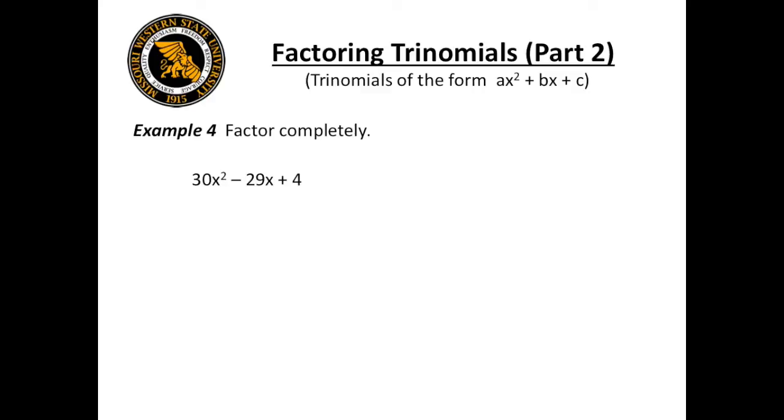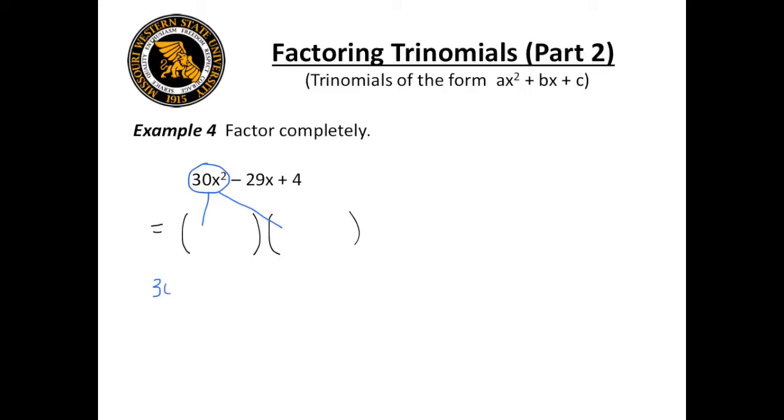In example 4, we are factoring the trinomial 30x squared minus 29x plus 4. Notice that the 3 terms in this trinomial do not have a common factor. So we can go straight into setting up the product of 2 binomials. The factors of 30x squared will go in the front of each binomial.